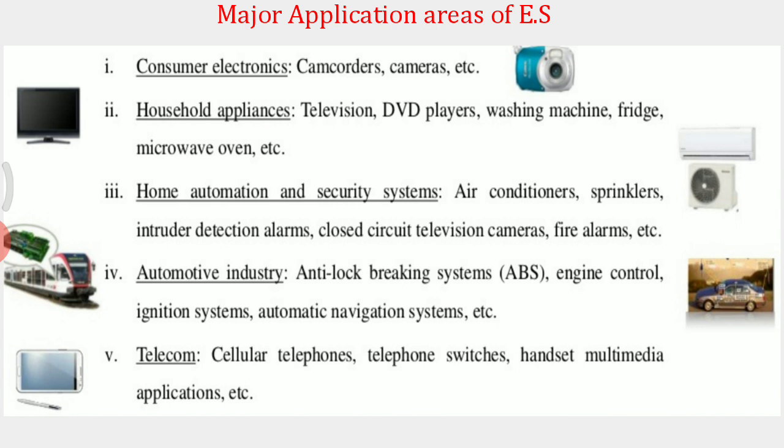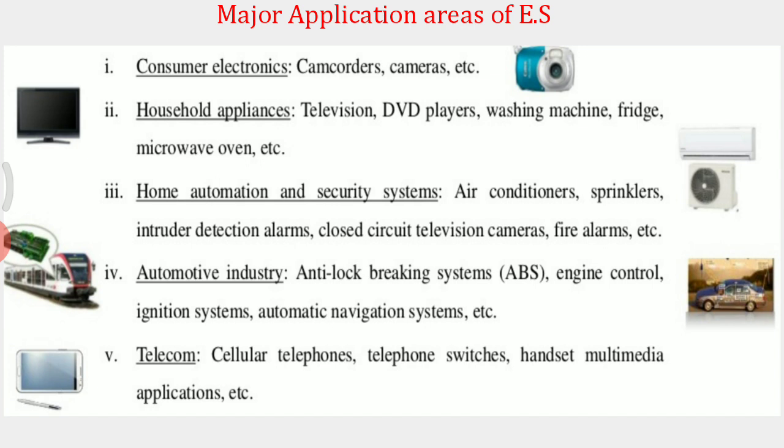For example, in digital cameras, there is collection of the picture, storing of the picture, and reproducing the same pictures. Among household appliances, a television can be a smart TV where internet connectivity and Bluetooth connectivity can be provided, or even an Ethernet connection is given to a television.